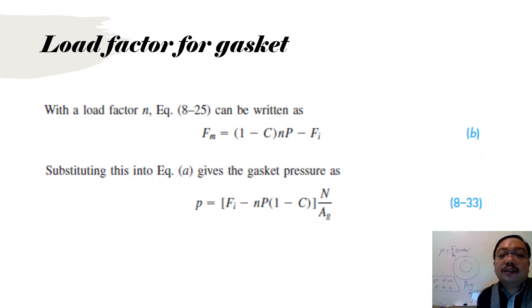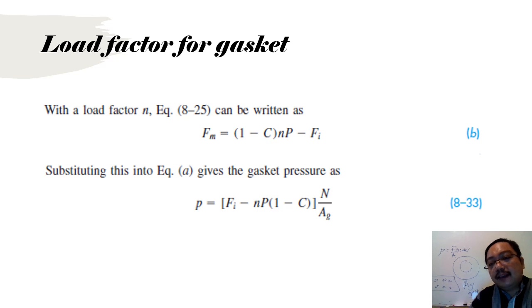Load factor for gasket. With the load factor N, equation 8-25, we can write Fm equals (1 minus C) P minus Fi. So the force in the member, which may be the nut or the washer, equals 1 minus C, where C is the fraction of the external force. Also, C is the stiffness constant of the bolt itself.